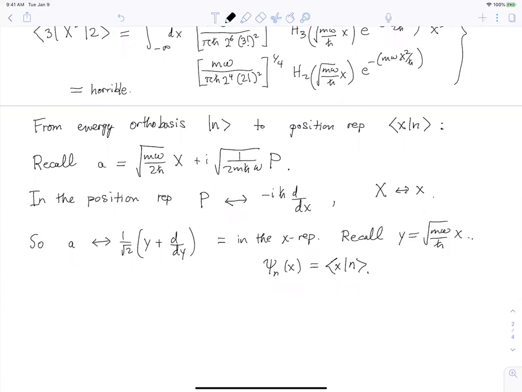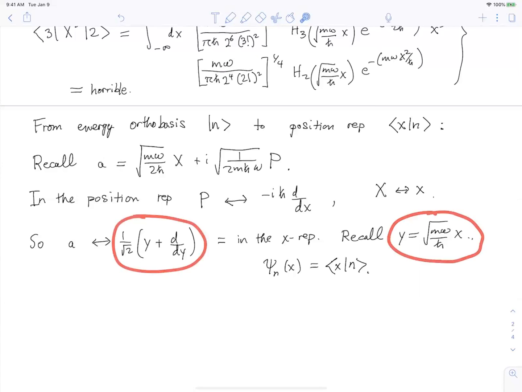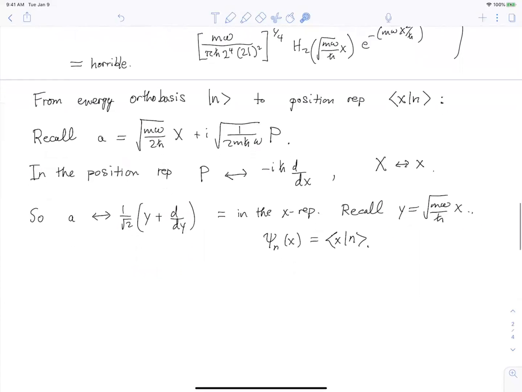So acting on wave functions of x, A is given by this differential operator where y is defined in terms of x, like that. And then similarly, A dagger is represented by 1 over square root of 2 times (y minus d by dy).